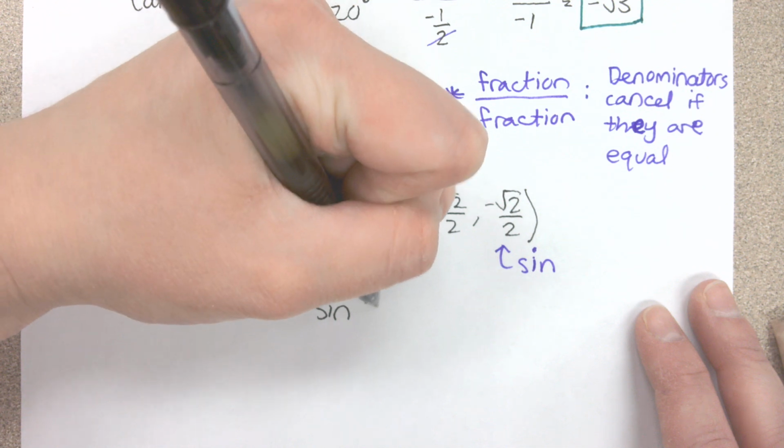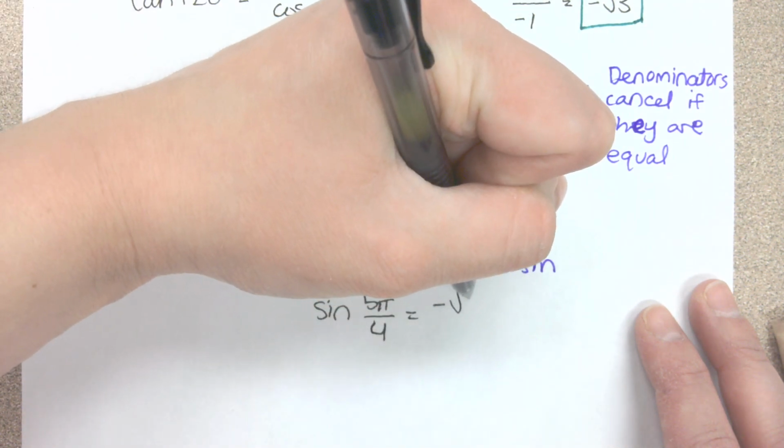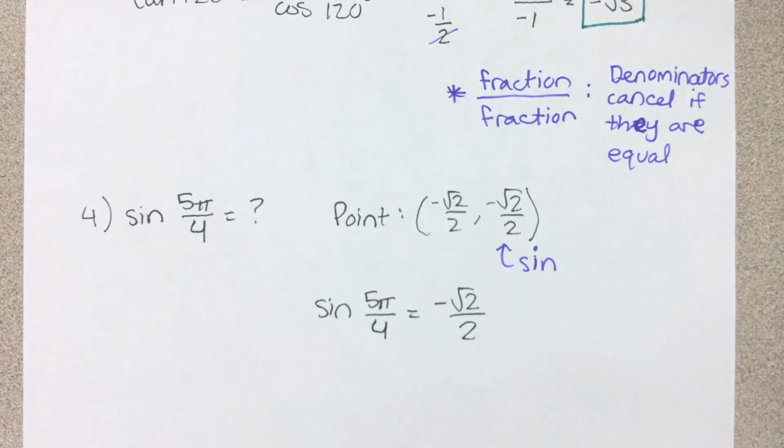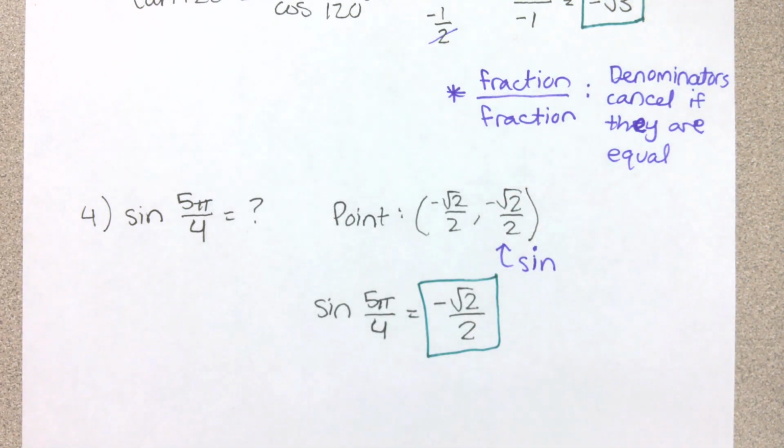So sine of 5 pi over 4 is negative rad 2 over 2. That's how you handle specials on the unit circle.